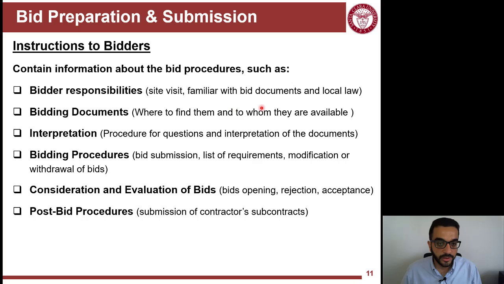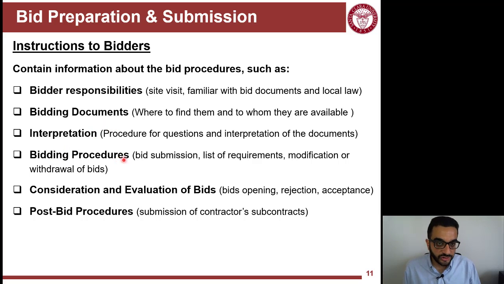So, instructions to bidders. This is a list of possible instructions to include in the bid package, but you need to be really clear about the responsibilities for the bidders, or those who are planning to submit a bid: what is included in the bid, and how to find these documents, what the interpretation rules and procedures are, especially when you have conflicting information between documents.